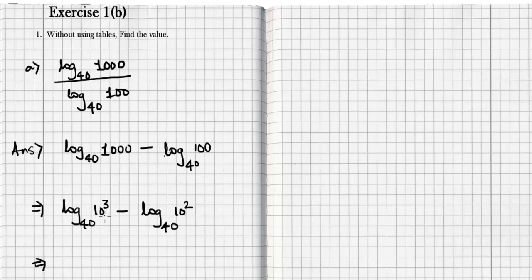Now using law 3, this can be written as 3 log 10 to the base 40 minus 2 log 10 to the base 40.